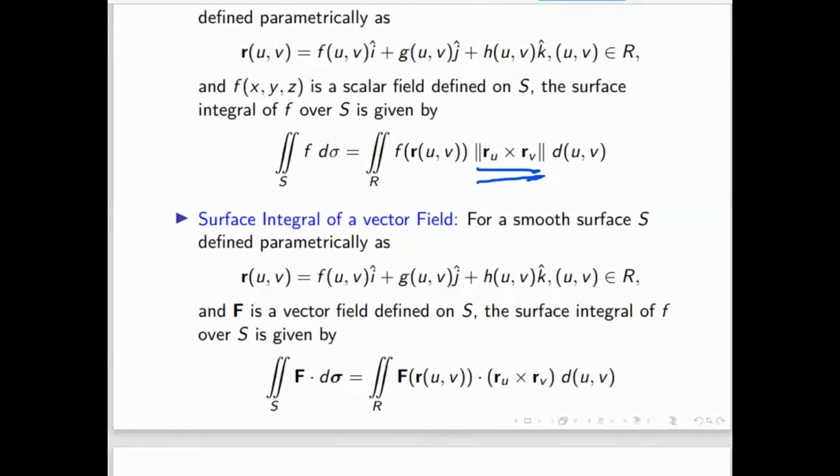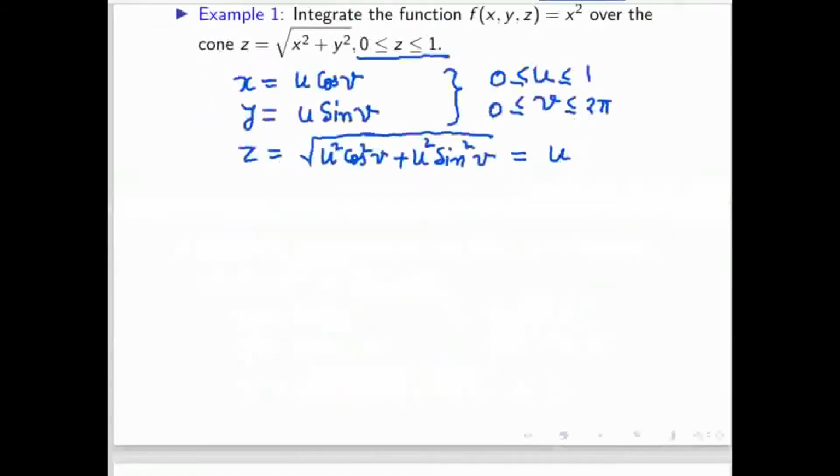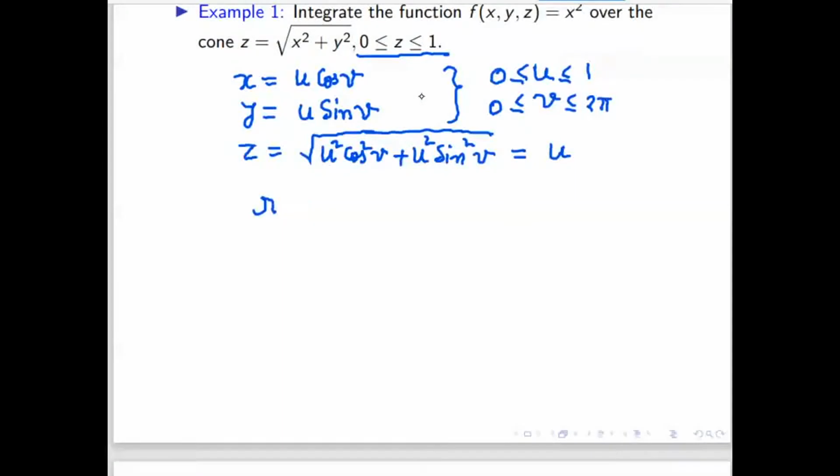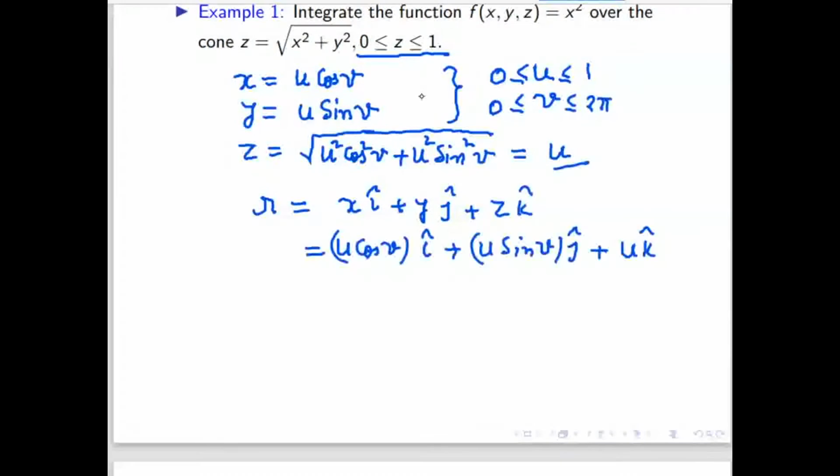So x is u cos v i cap, u sin v j cap, and z equal to u k cap. This is r(u,v). Then we calculate ru, the partial derivative with respect to u, and then the partial derivative with respect to v.